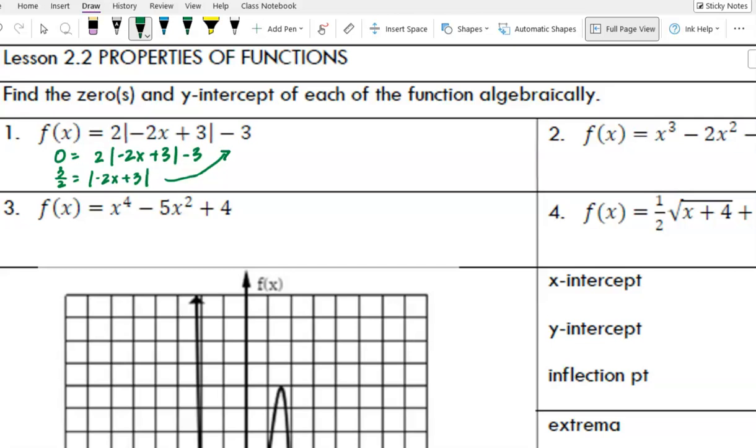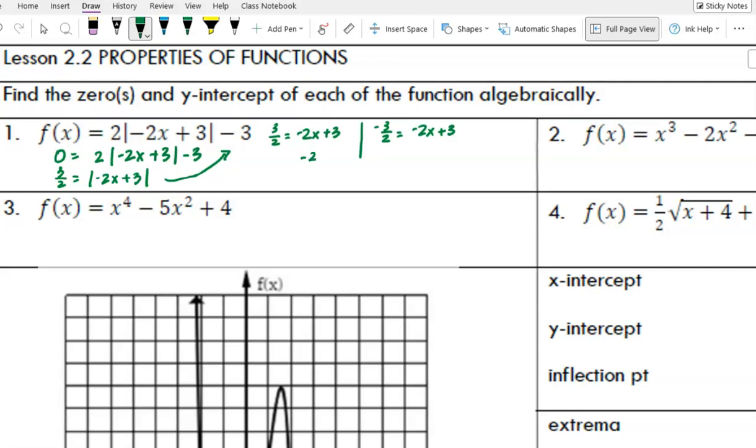Then we split that into 3/2 equals negative 2x plus 3, and negative 3/2 equals negative 2x plus 3. Whether you change the left side or the right side to negatives, you're going to get the same answers.